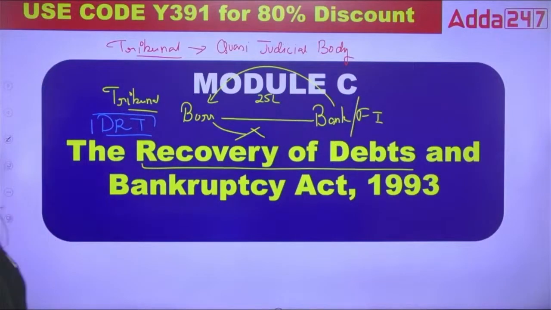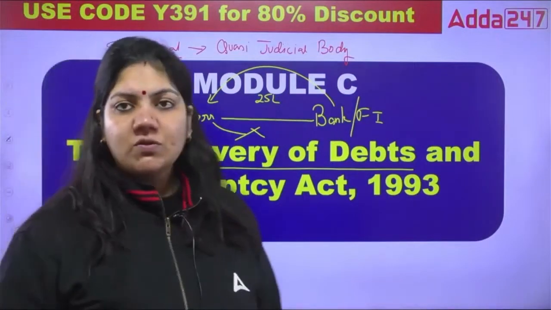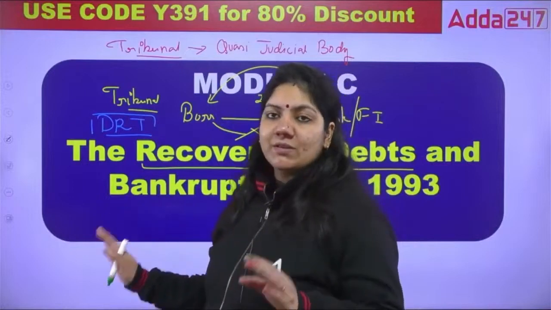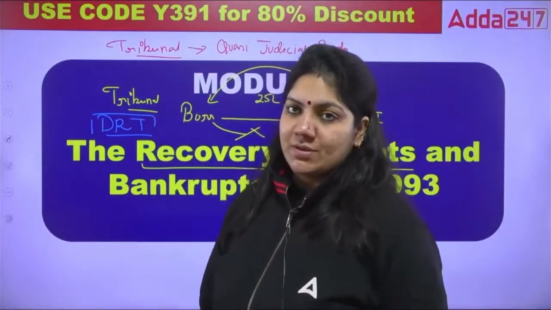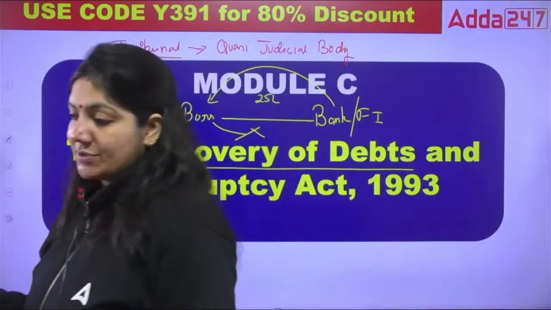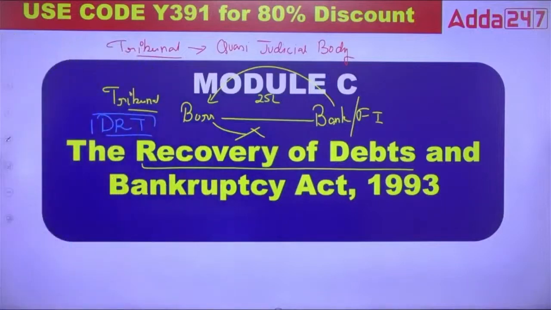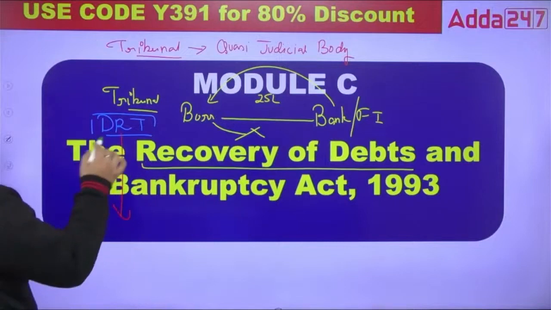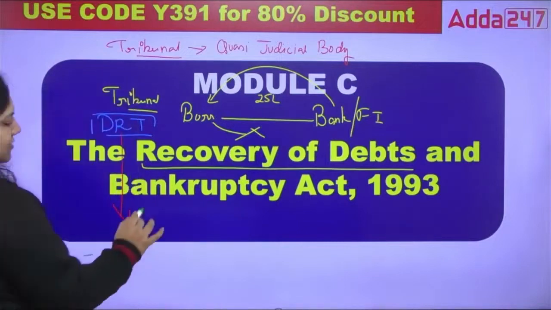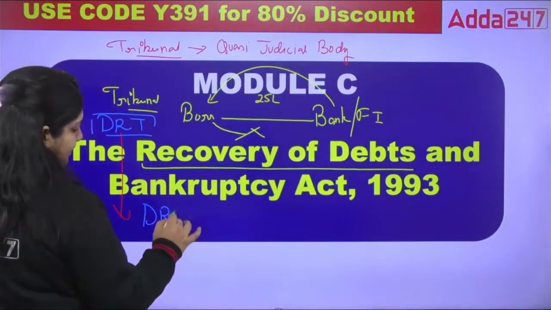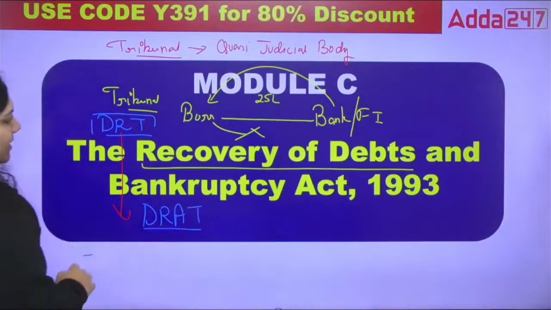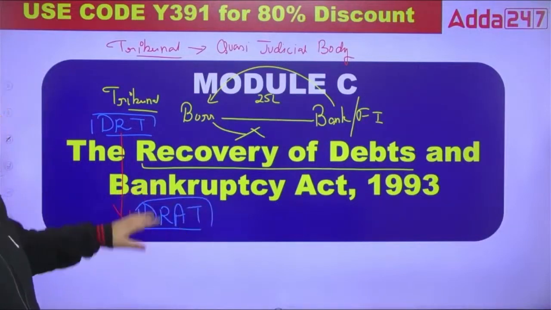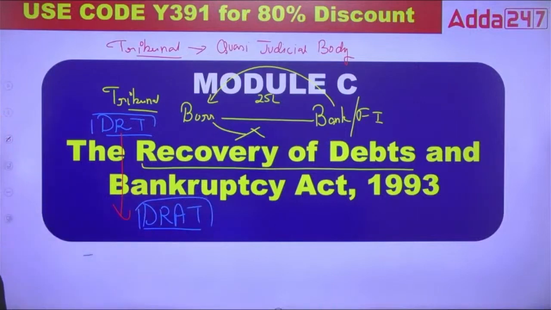It is not just like a court, because in court we have to follow so much procedure, but a tribunal can make its own rules and procedure. That's why this is very important. And if you are not satisfied with the DRT, we have an option to go to the DRAT, the appellate body.